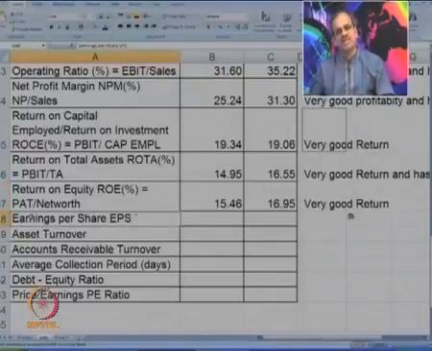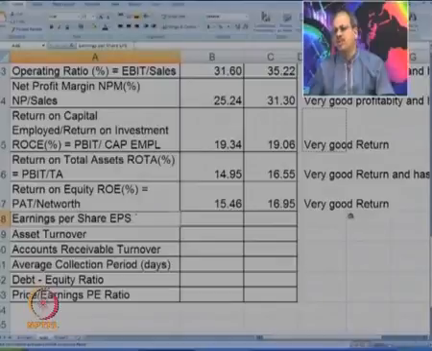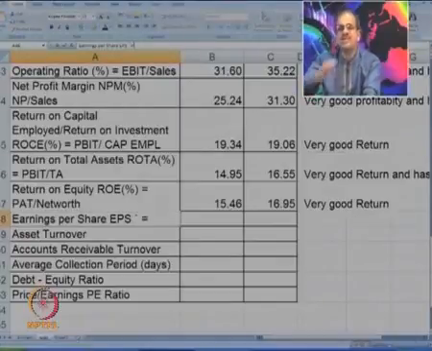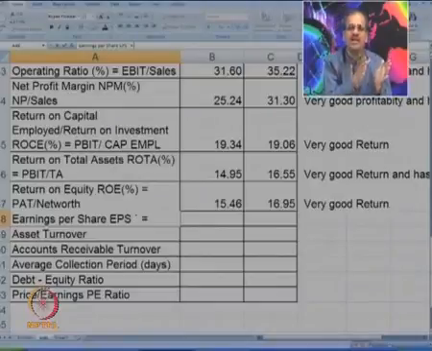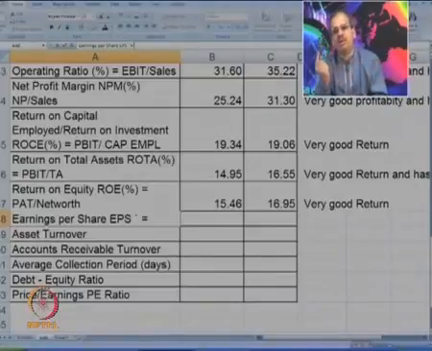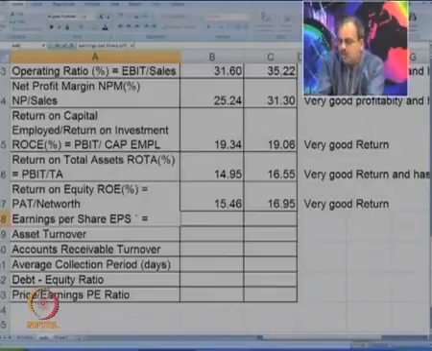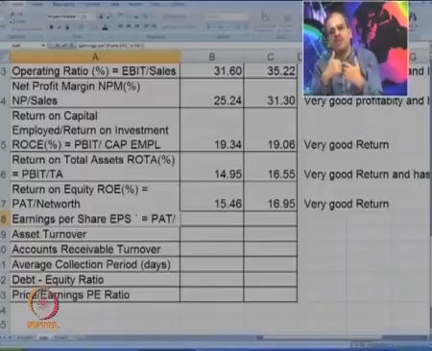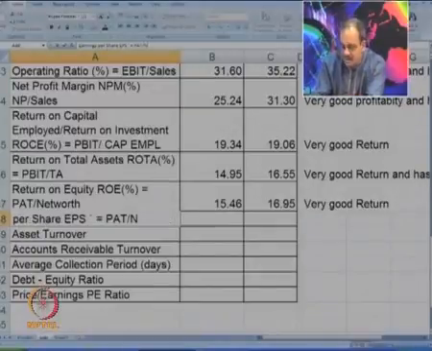The next ratio is EPS or earning per share. So, what is the formula for EPS? We essentially try to find how much profit is available per share. So, in the numerator we take PAT, profit after tax, which is the profit available to the owners, and divide it by number of shares.